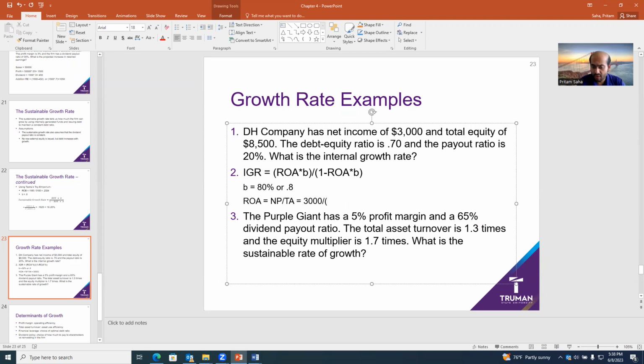What they give is total equity, 8,500, plus a debt equity ratio of 0.7. That means for each $1 of equity, you have 70 cents of debt. So we have equity times 0.7, which is the debt.